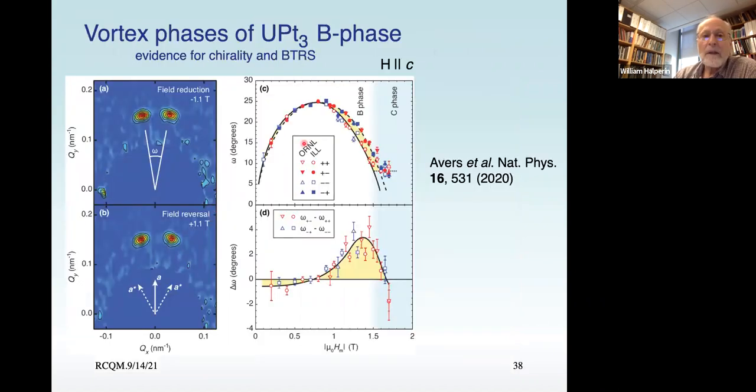The results I can summarize on the left if you wish. For this diffraction pattern, you can see that the minus 1.1 Tesla experiment has a smaller splitting, not a lot smaller, but measurably smaller than the plus 1.1 Tesla. And that can be done as a function of field.